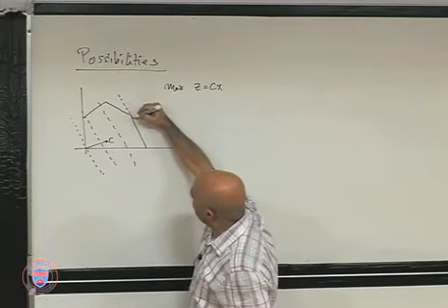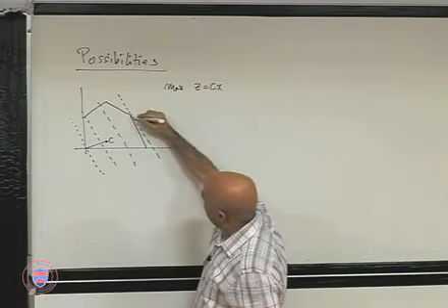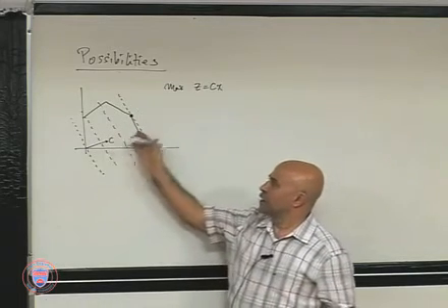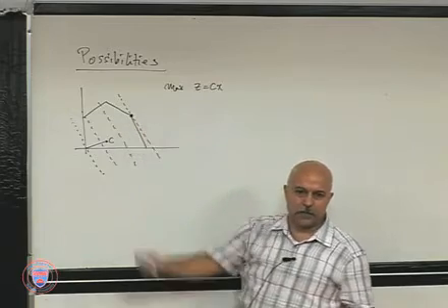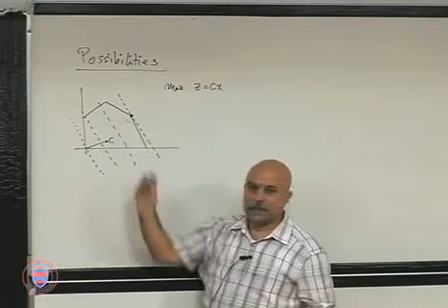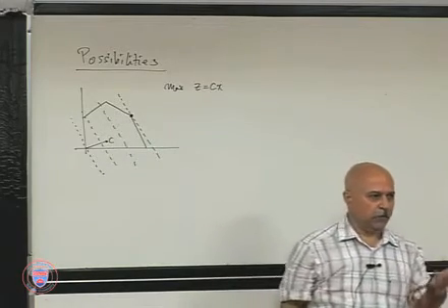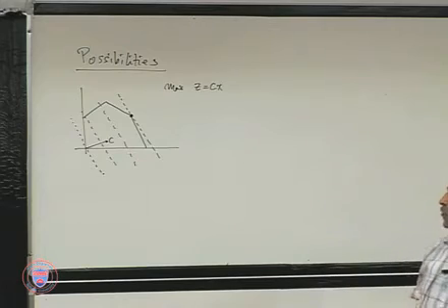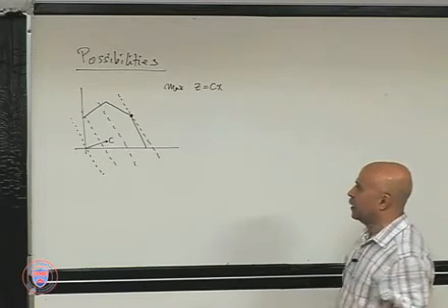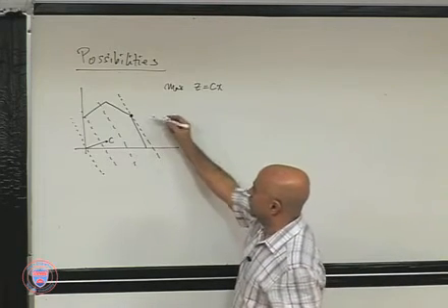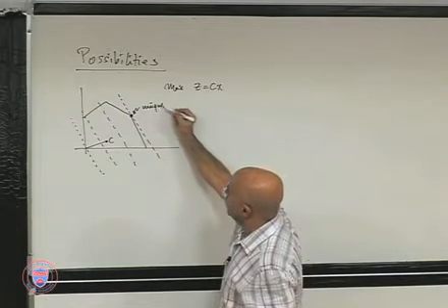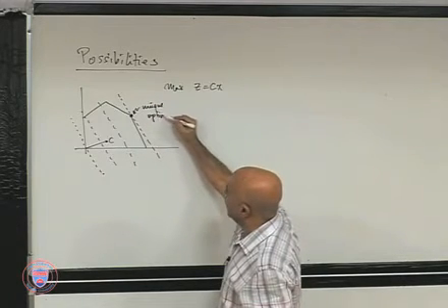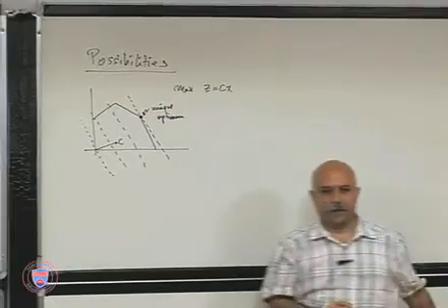And in this picture, it turns out that that's the largest you can get, because any further movement will take you outside of the feasible region. You should touch at least one feasible point to be able to attain an optimal value. So that's the optimum point, and in this case, it's the unique optimum point. Okay?